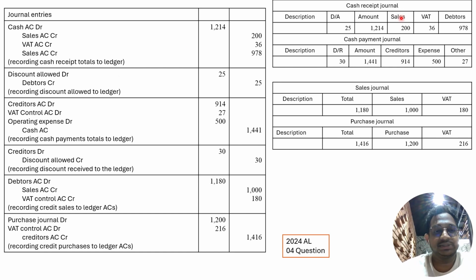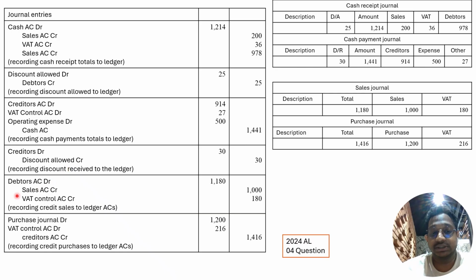So for the cash receipt journal, cash account debit, and each account should credit, and then you have to record the discount allowed separately, discount allowed debit and debtors credit. And in the cash payment journal, cash credit and the other accounts debit, and then the discount received, creditors debit and discount received credit. And then when you are recording the credit sales and credit purchases, you have to record the VAT separately.